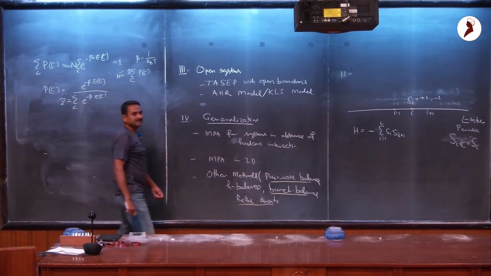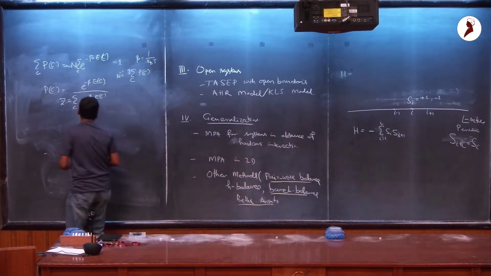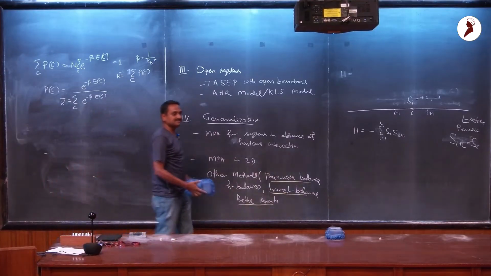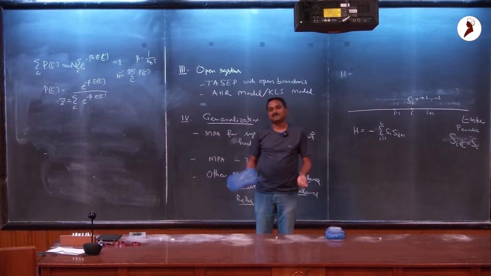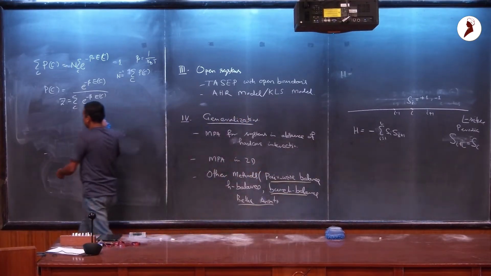It is the inverse normalization constant of the probability. We want to calculate this partition function, since all thermodynamic variables can be obtained from it. We'll see how.